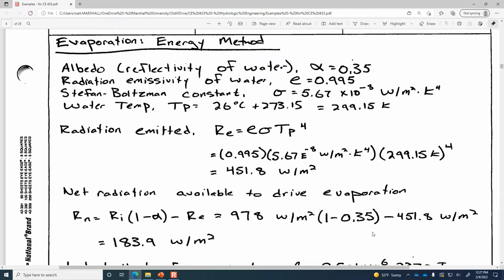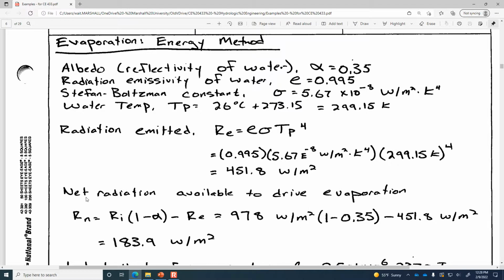Now we also have to subtract out the reflective effect, and so 35% of the radiation is reflected. We have this albedo defined as 0.35. And so the net radiation that's available to provide energy to drive the evaporation process is only going to be 183.9 watts per meter squared.